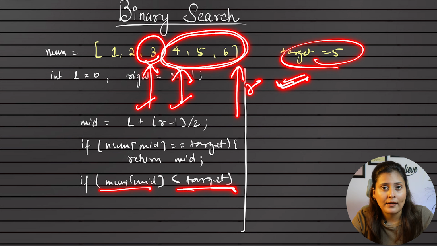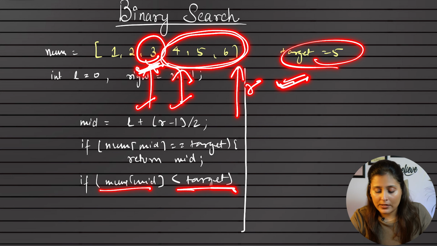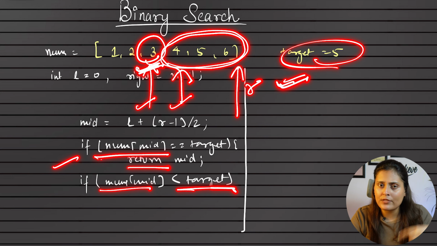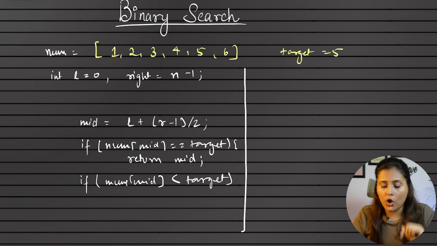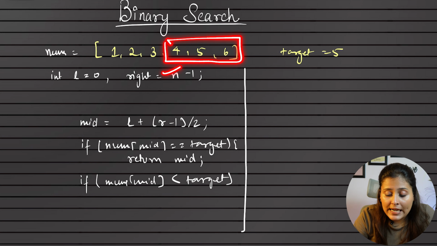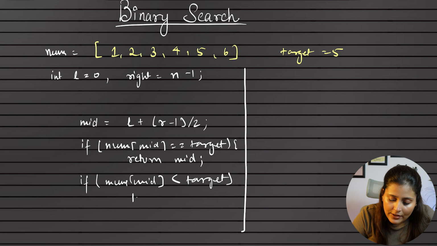Definitely mid plus 1. Why not mid? Because if our mid was the answer, the first if case would have passed, but the first if case said that this mid value is not matching the target. So when the exact mid value is not matching the target, we have to search in the next part, not including mid. So can I say here to move your left pointer to mid plus 1?